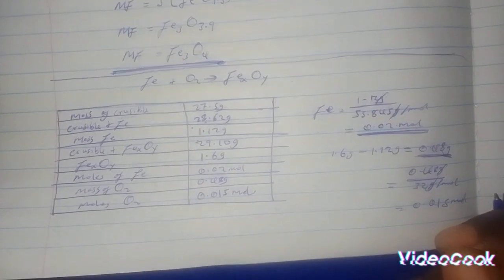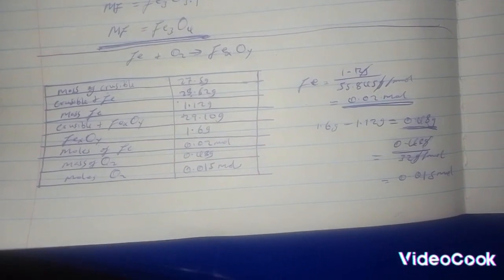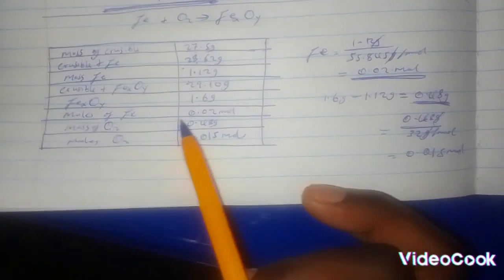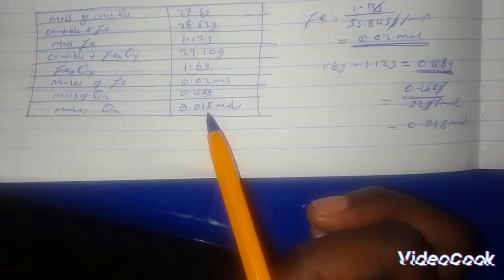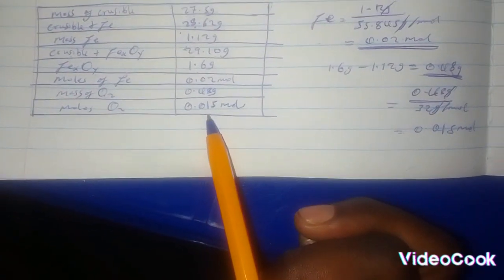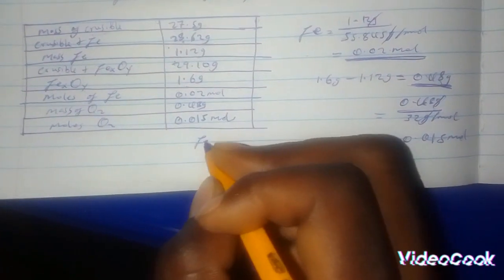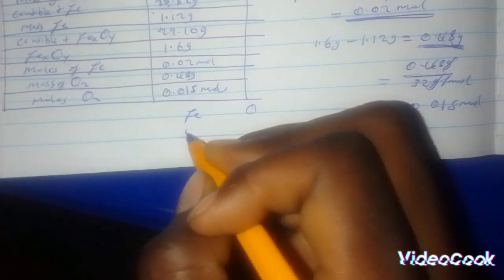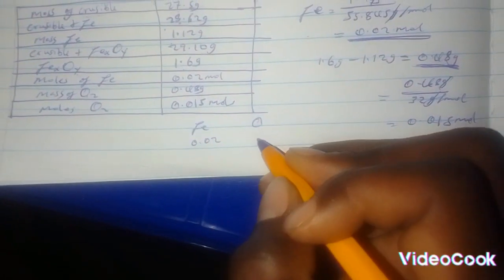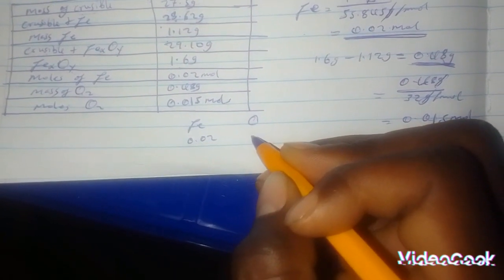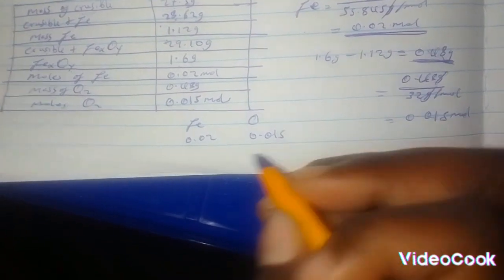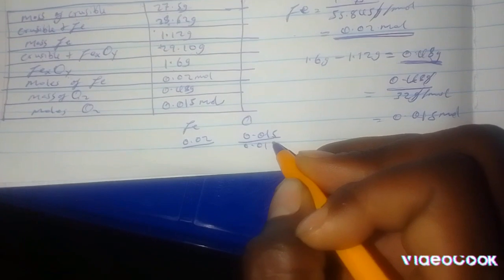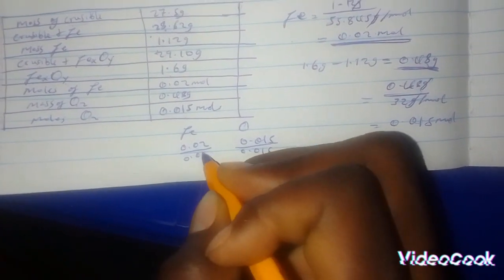Okay, last question, which is saying calculate the empirical formula. Okay, so for us to know the empirical formula, from our calculations we already have the number of moles for iron, and we already have the number of moles for oxygen. The number of moles for iron is 0.02. The number of moles for oxygen is 0.015 moles. So we divide by the smallest one, which is 0.015.